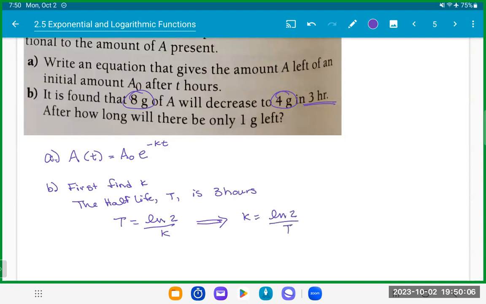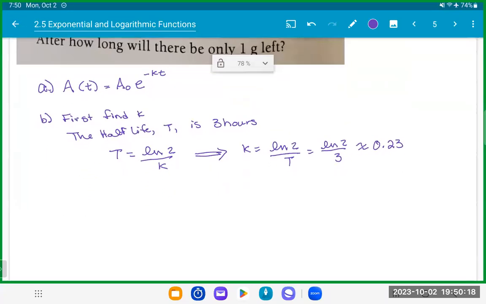Okay, so that is ln of 2 divided by 3, because my half-life is that. So my k is 0.23.